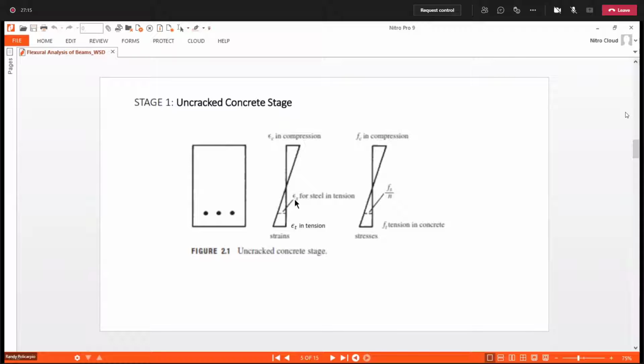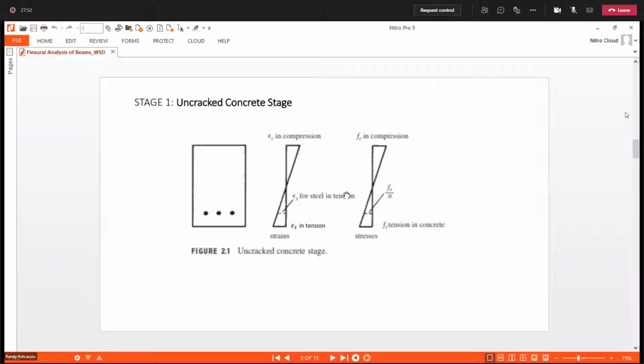Okay, so epsilon S, this is the strain in our tensile reinforcement. Epsilon C at the top represents the strain in the concrete under compression, and epsilon T represents the strain in the concrete in tension. Okay, so ito yung ating strain diagram.